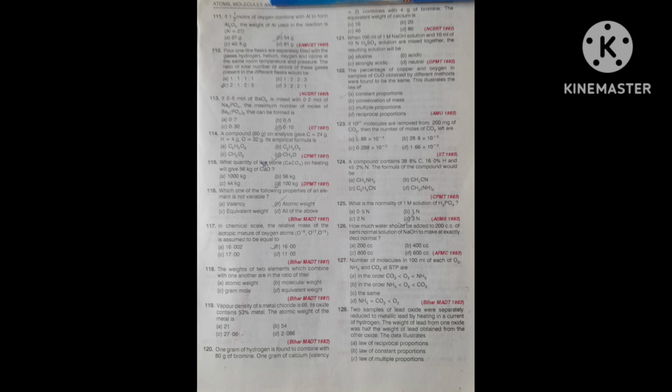Now this mole you have to remove from the 200 milligram, that is the mole you converted, 4.54 into 10 to the power minus 3 mole. From this you subtract: 4.54 and 1.66, both are 10 to the power minus 3, which you keep outside as common.